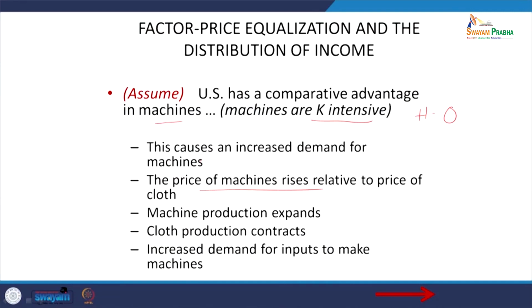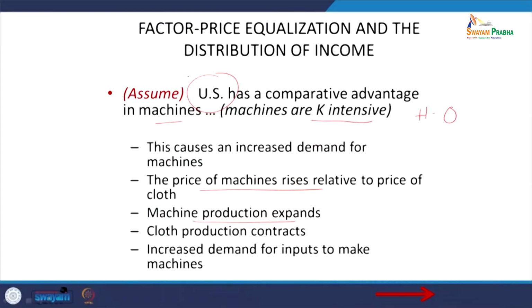So machine production expands and cloth production contracts, especially in the US, because we are now referring to the US case. There is also increased demand for inputs, since those engaged in the production of machines are now in demand.